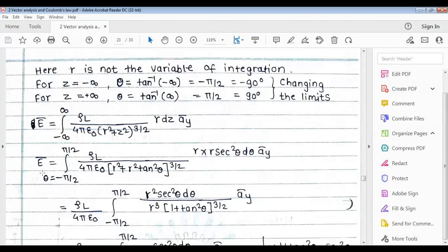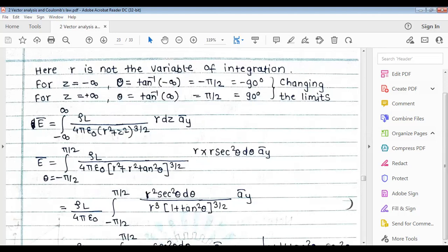So z from minus infinity to plus infinity changes to theta from minus pi by 2 to plus pi by 2, right? So E bar is equal to the integration from theta equal to minus pi by 2 to plus pi by 2 of rho l divided by 4 pi epsilon 0 into bracket r square plus z square.